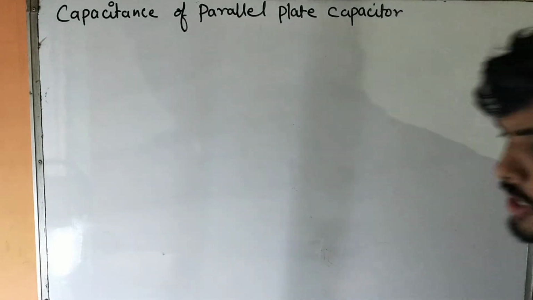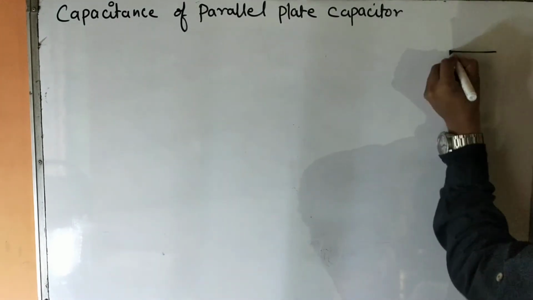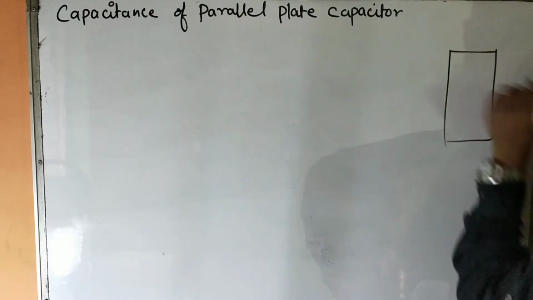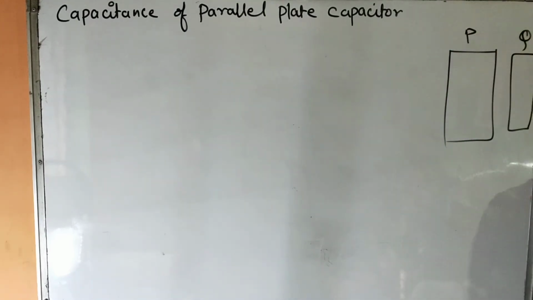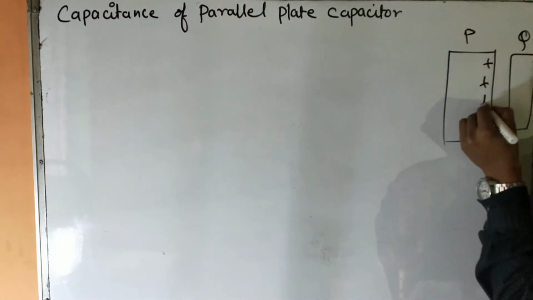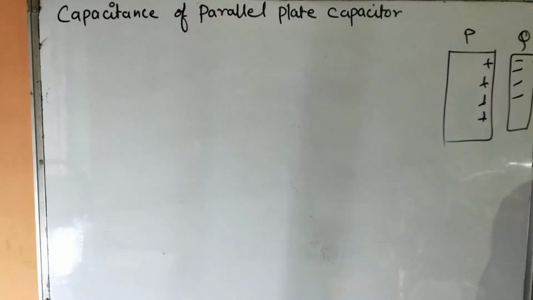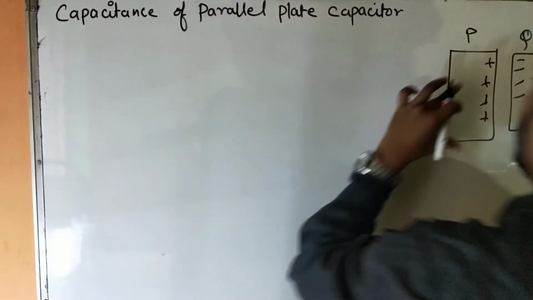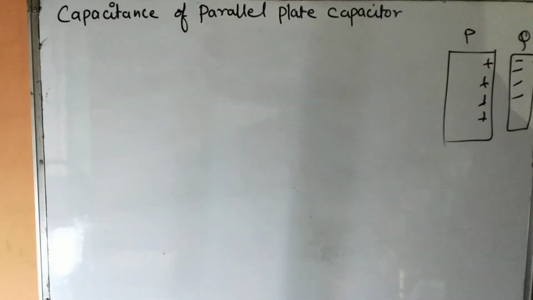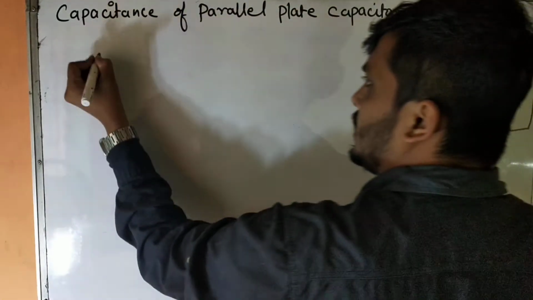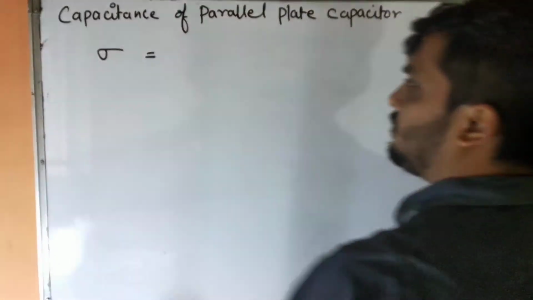Now students, again consider I have a parallel plate capacitor, both plates. I'll just consider one plate here, and maybe here, P and Q. P having positive charges, Q having negative charges. Clear? Now students, all the charges are accumulated on the surface of the conductor, and we know that sigma is the surface charge density.